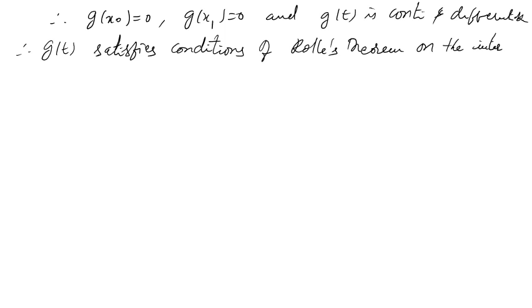There are two intervals here: one is x0 comma t, and another one is t comma x1, separately, because g is zero at all of these points.